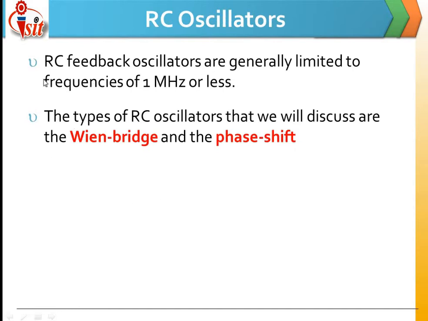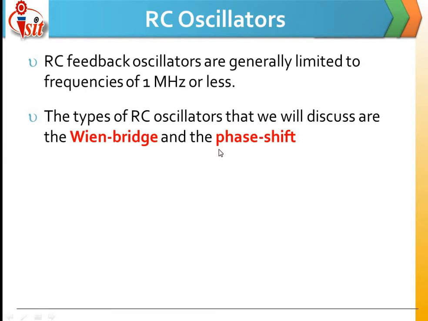RC feedback oscillators are generally limited to frequencies of 1 megahertz or less. That means the output frequency of an RC oscillator is limited to 1 megahertz or below. The types of RC oscillator that we will discuss, for our syllabus, are the Wien bridge oscillator and the phase shift oscillator.